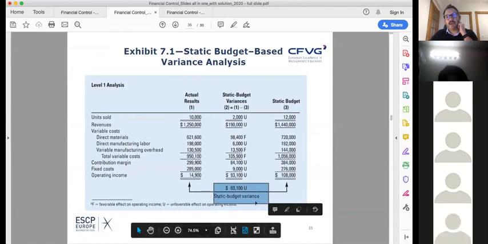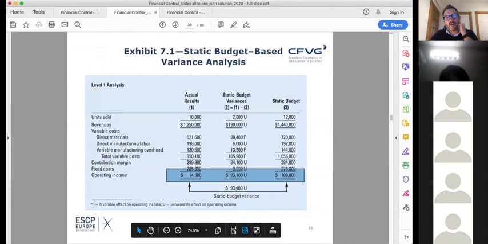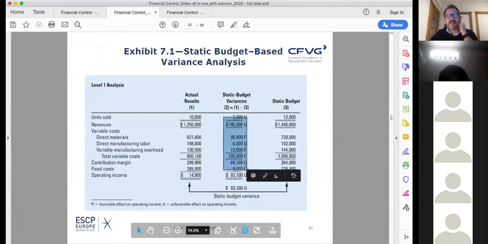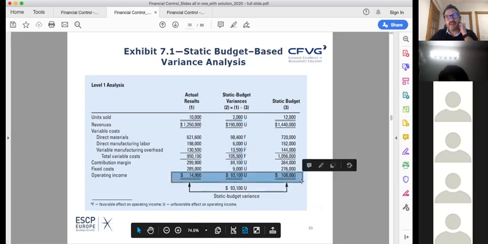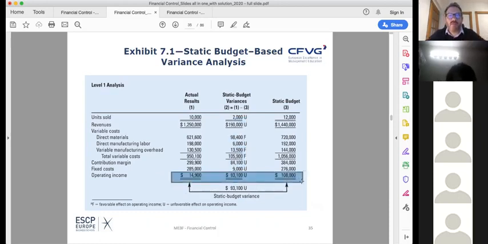It's a static budget variance. Okay, so I would say here, for me, the only variance which is important is this one, the 93,100, because for the individual variances, as I said, we don't compare the same number of units, so maybe we should be careful about this. The only thing we can say is that we have a static budget variance of 93,100.